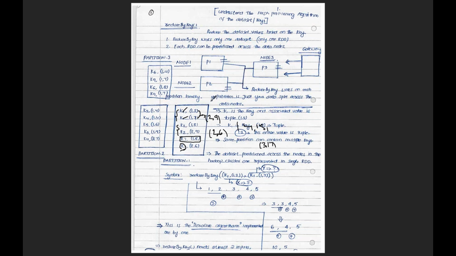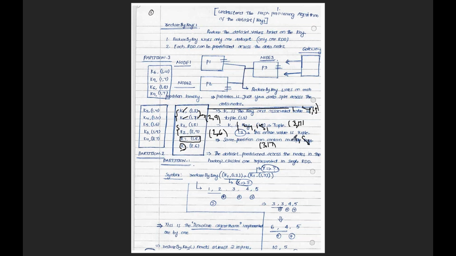Okay. Now, what is the result of this partition? The result of this partition is (4, 15), (3, 17) and (1, 8).